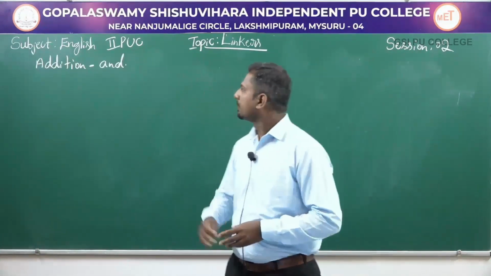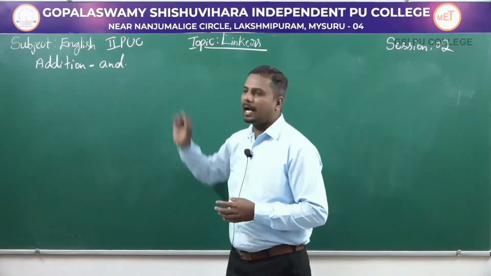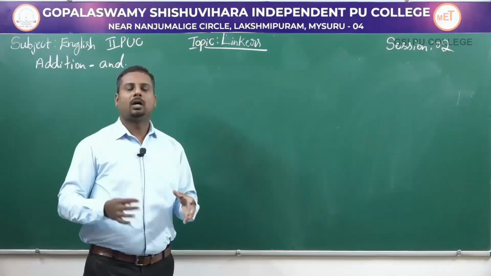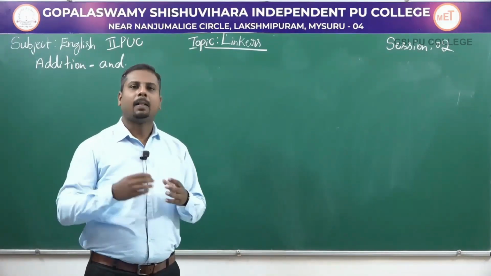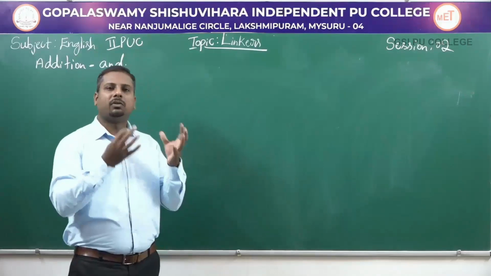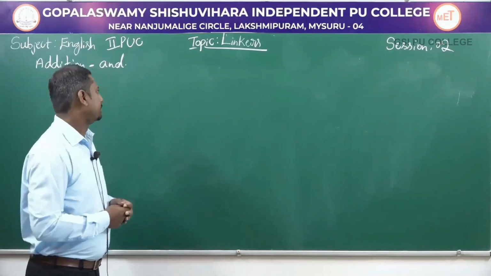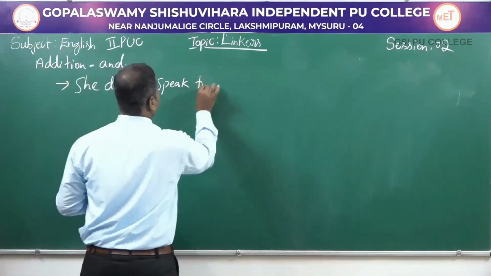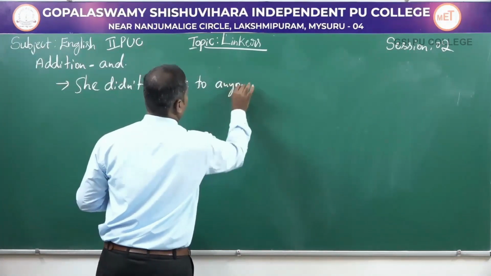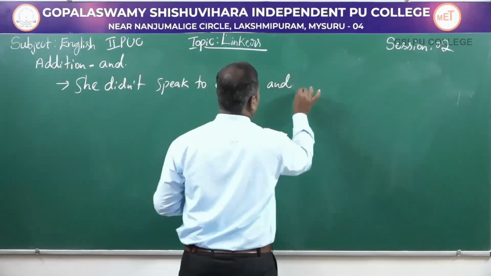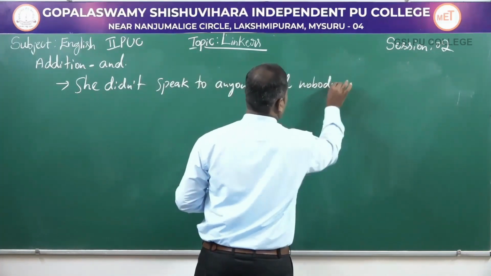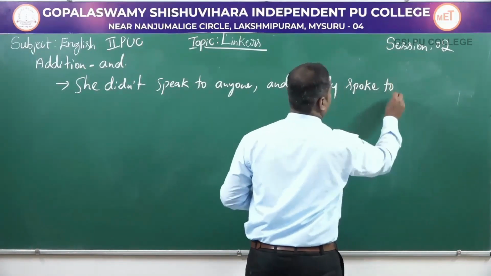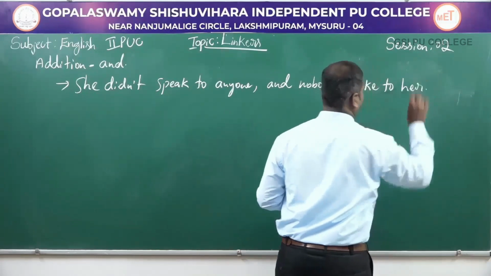First we will take addition. The word and is the most commonly used addition linker in English. Now we will see one sentence example to learn how we use the word and in a sentence. She didn't speak to anyone and nobody spoke to her.